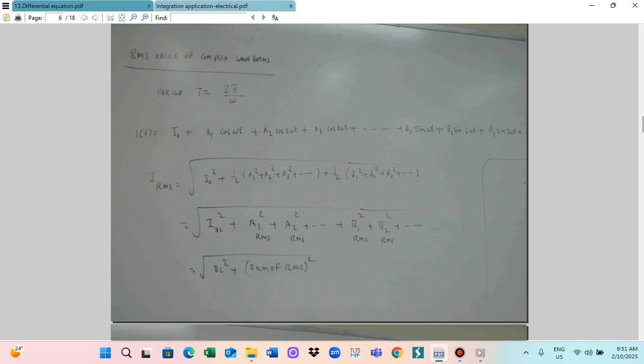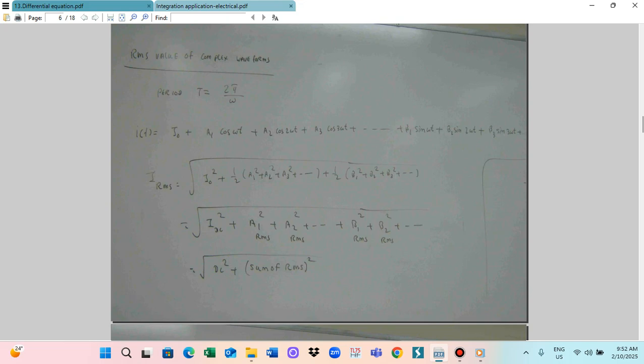You can also write the equation as the square root of I0, the DC current IDC square, plus A1 RMS square plus A2 RMS square, and so on, plus B1 RMS square plus B2 RMS square, and so on.